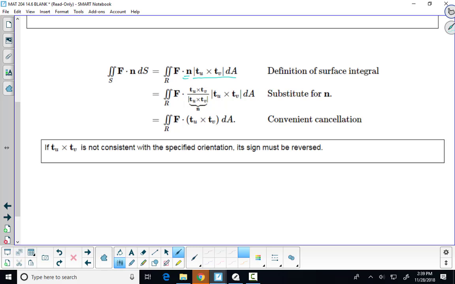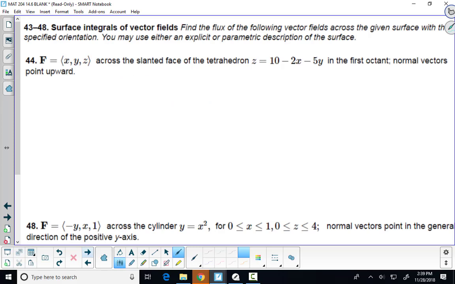These things cross, and this is just verifying that we can do what we have normally been doing in terms of evaluating. So it is okay for us to write on a test convenient cancellation, and by convenient cancellation, we get 0.